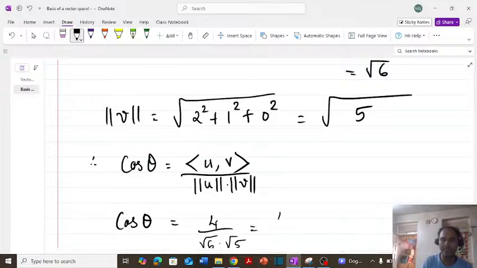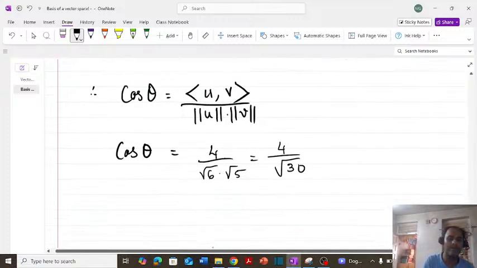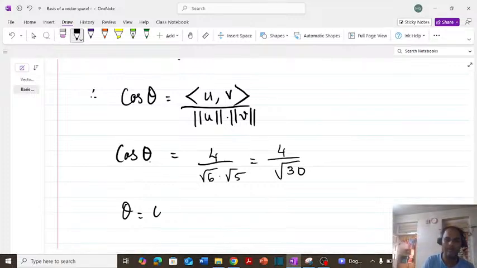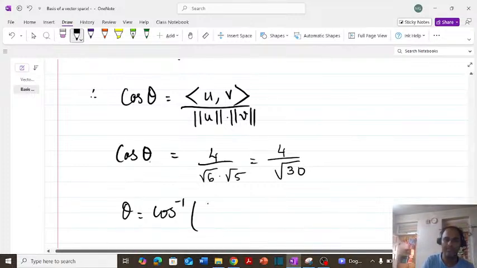So that is 4 over root 30. So theta is equal to cos inverse of 4 over root of 30. This is the angle.